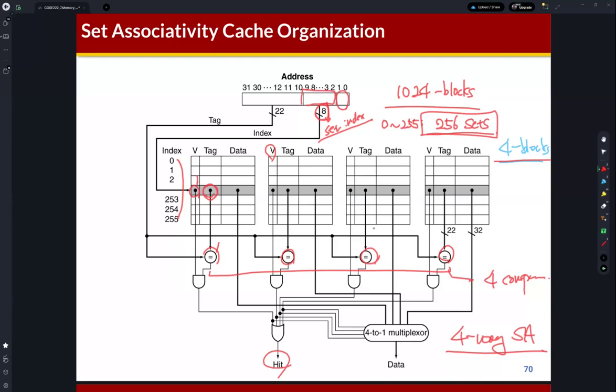Okay. And the remaining field is used as the tag field. So this tag will be stored in the cache. Okay. So this is an example of a four-way set associative cache.